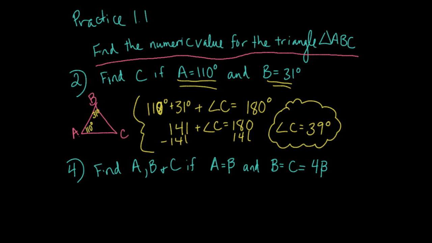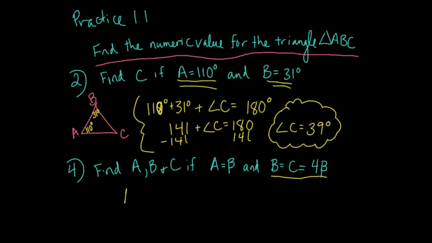Next problem, number 4. Find A, B, and C if we know that angle A is equal to beta, another Greek symbol, and B equals C equals 4 beta. You can see the picture from before, the visual. I'm going to add these up.